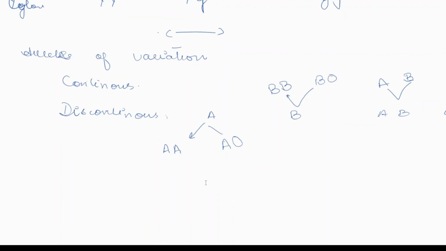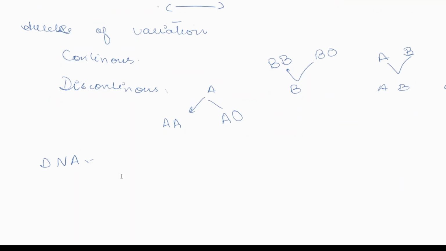So you must have heard about DNA in chapter number 4, where there are biological molecules. What is DNA made up of? The single unit is known as a nucleotide. In one nucleotide there are three things.